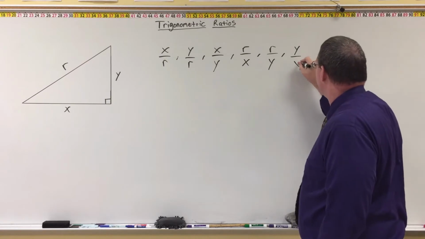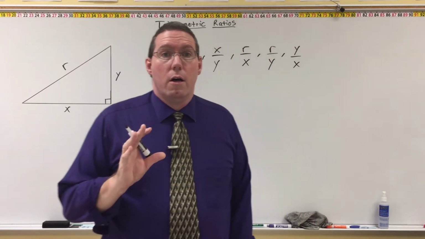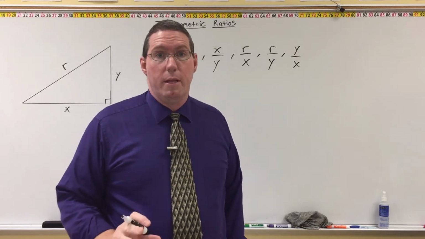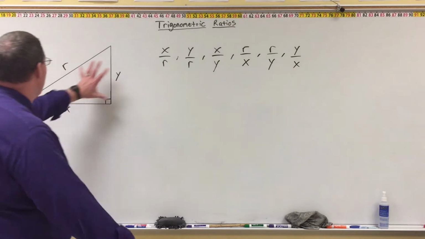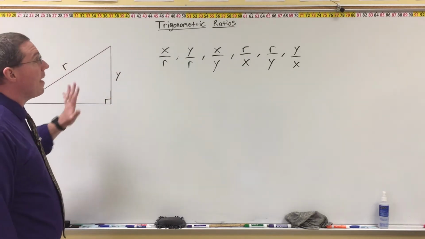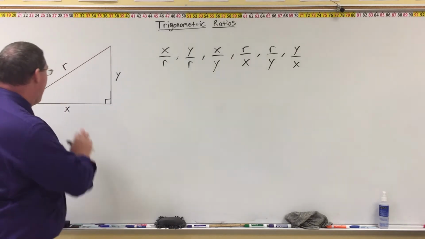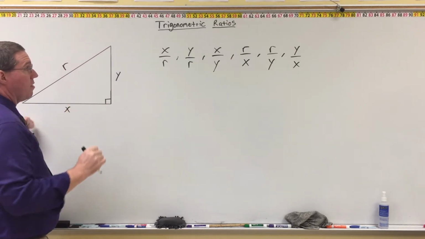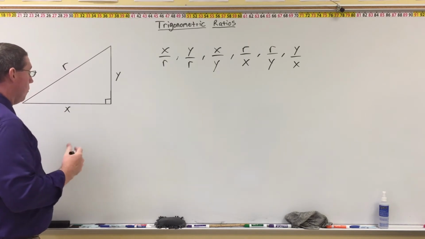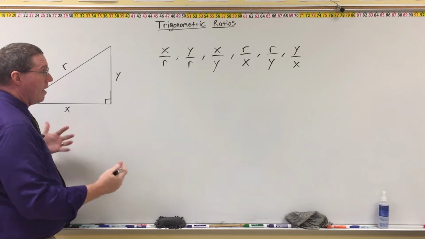Here's what I'm telling you: these are the only 6 possibilities of ratios between the 3 sides, and they're all unique. If I were to give a value to x and a value to y and a value to r, unless any of these numbers were equal, each of these ratios would be a unique number.